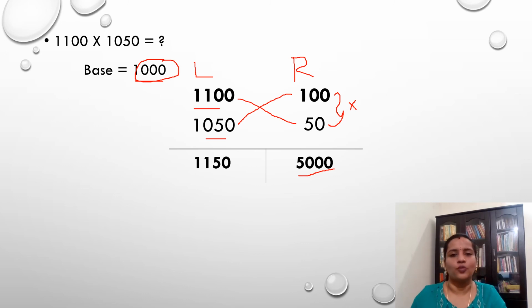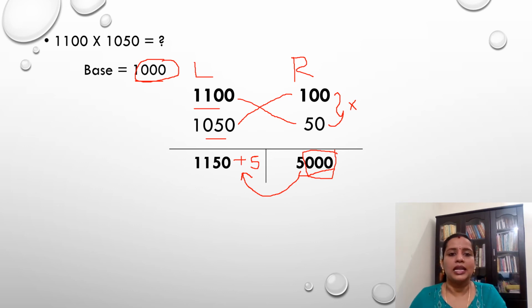No issues. We are going to just consider the last 3 digits here, and carry over the exceeding digits left over after taking the last 3 digits. I'm going to carry that over to the LHS and add it there. So 1,150 plus 5 gives me 1,155.